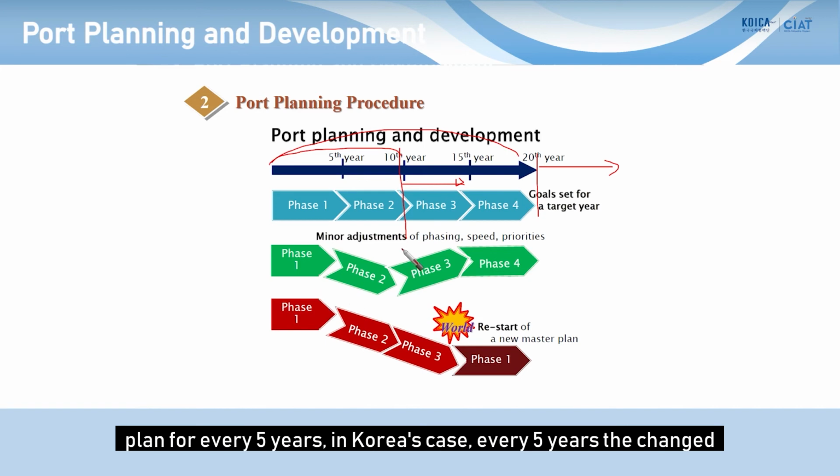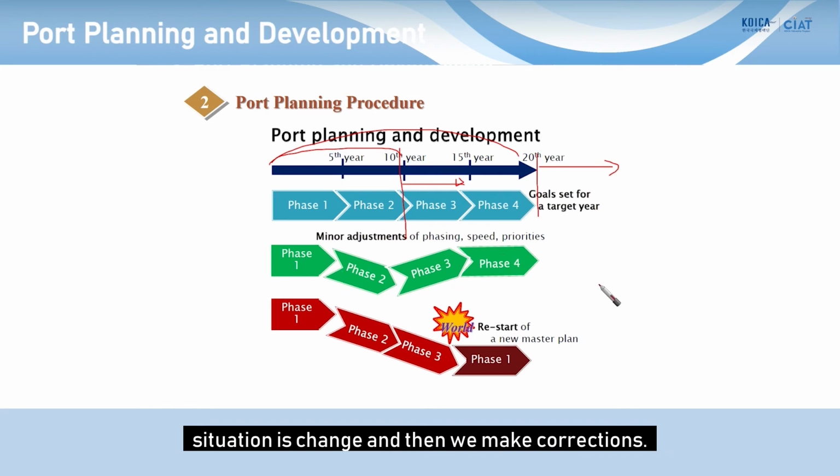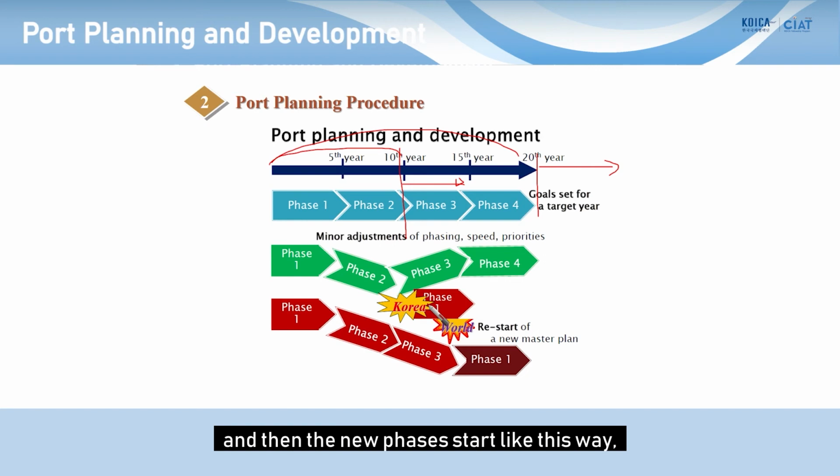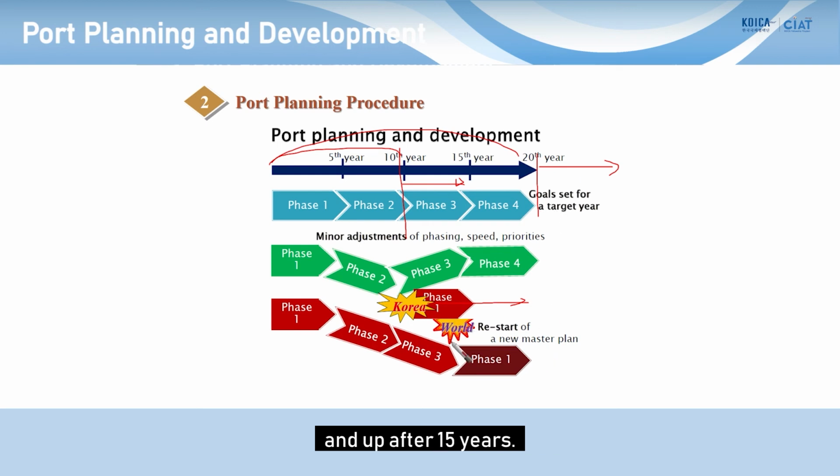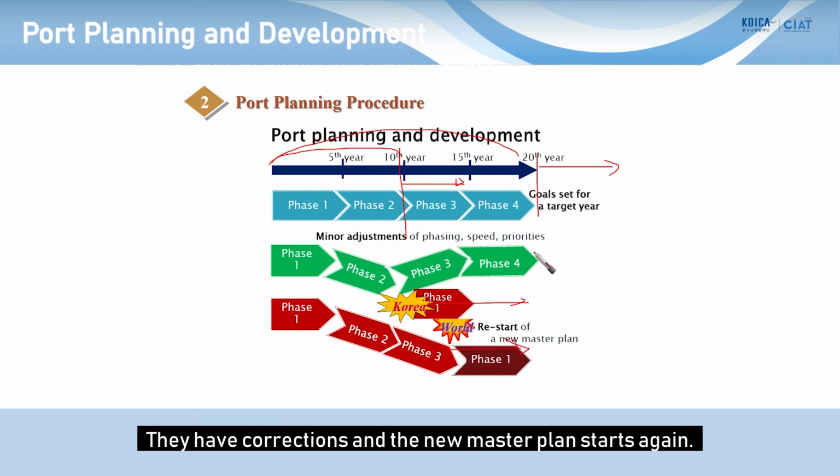In the Korean case, every 5 years the situation is changed, and then we make corrections. And then the new phases start this way. But in other countries, for 20 years, after 15 years they have the corrections. Then the new master plan starts again.